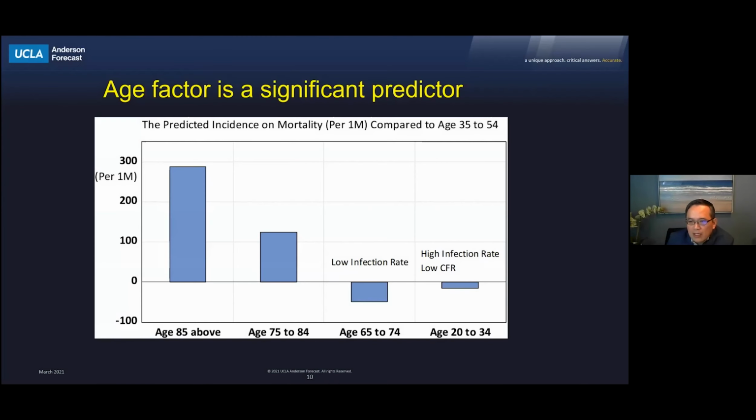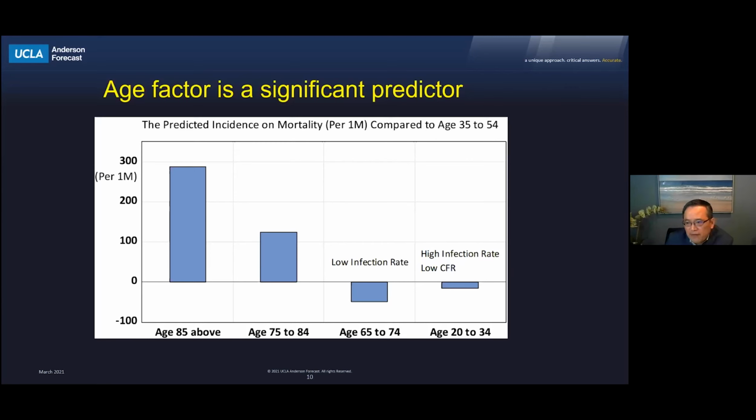So now let's dive into three important factors. First, age factor. So in this chart, you can see age 85 years old and above is the riskiest group compared to the middle age 35 to 54. Age 85 and above has much higher mortality.